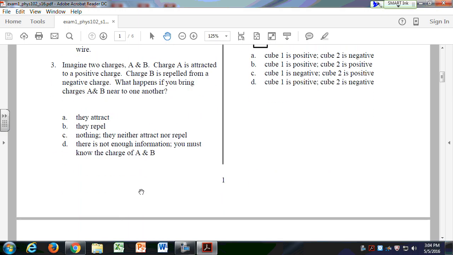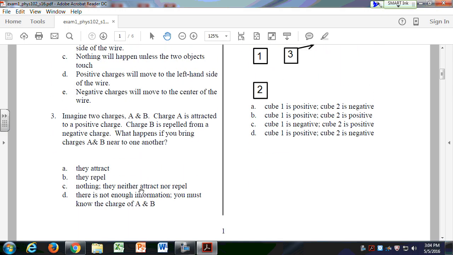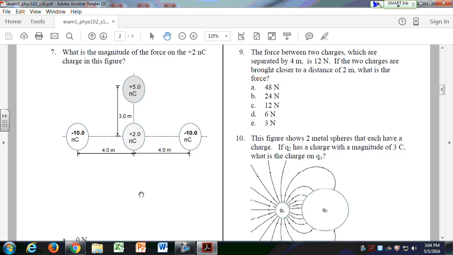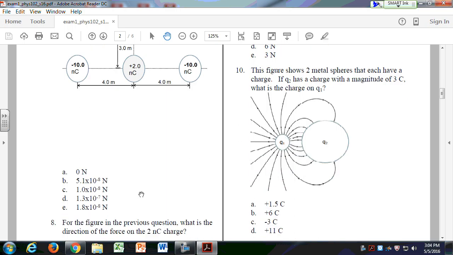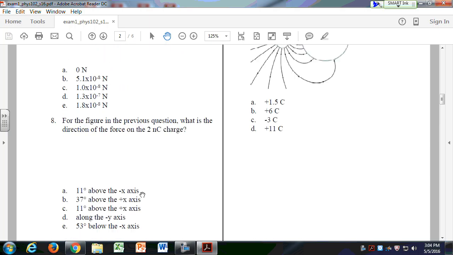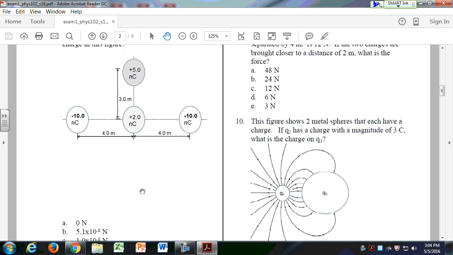Do we want to do some of the calculation problems on this exam? Okay, well, you are going to have 2D force problems, so let's go straight to that. This force problem was actually pretty straightforward because the forces canceled out. It asks for the net force on the 2 nanocoulomb charge.